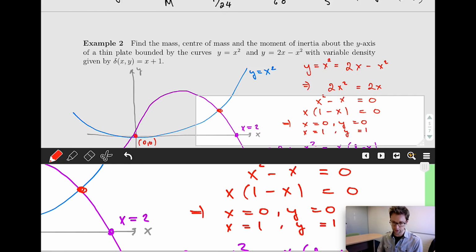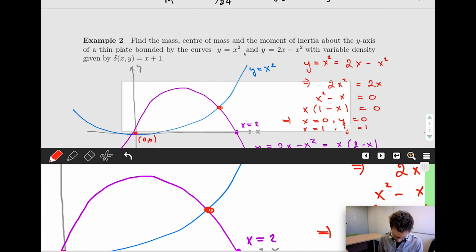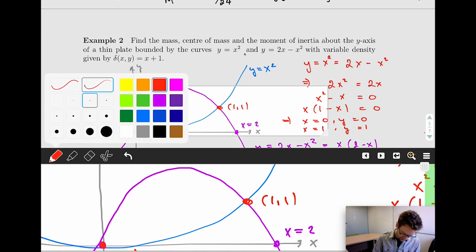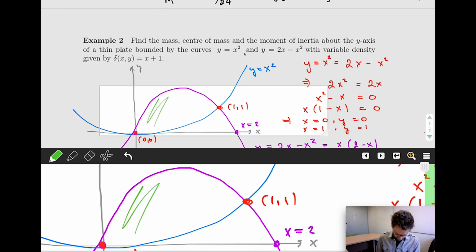So I can obviously substitute those values of x into either of these two, and they'll both give me the points 0, 0 and 1, 1. So the region of integration is clearly this region here.